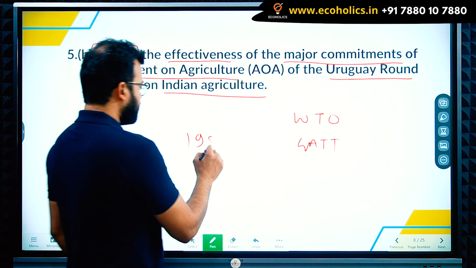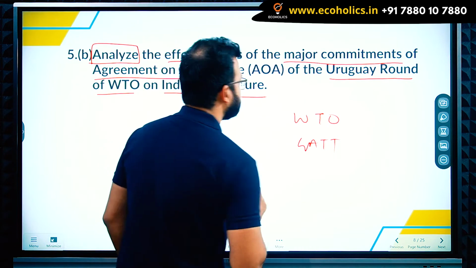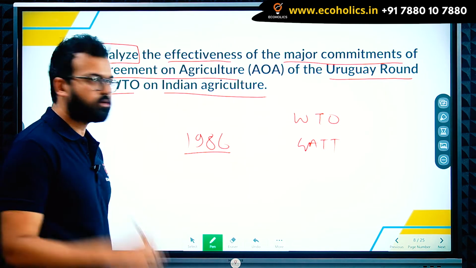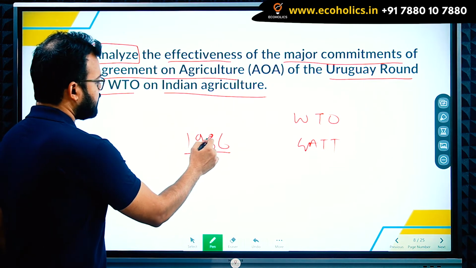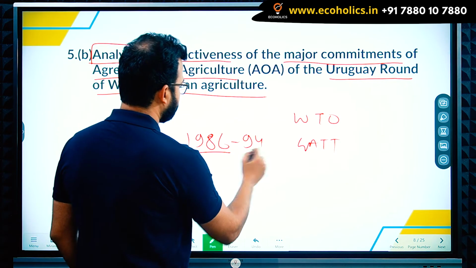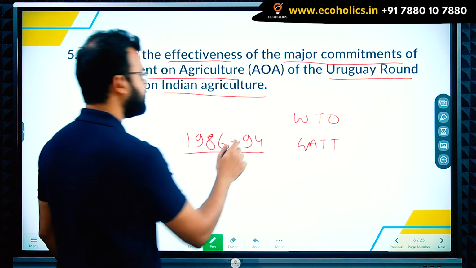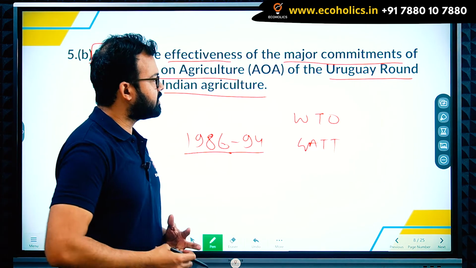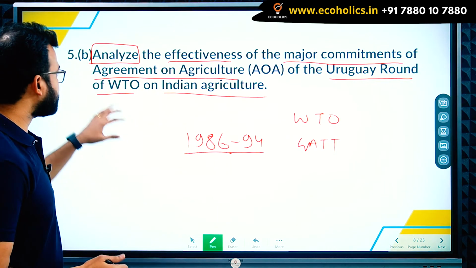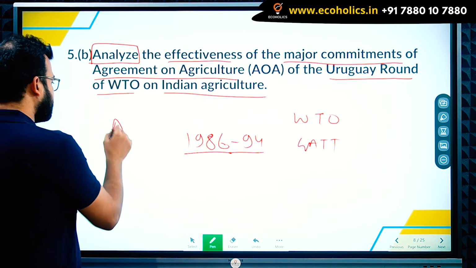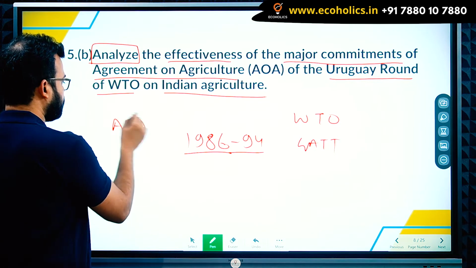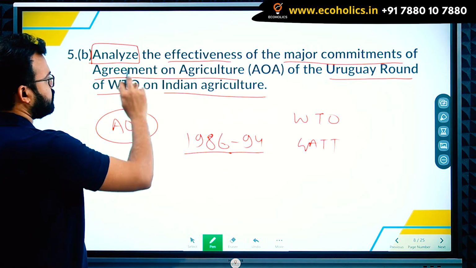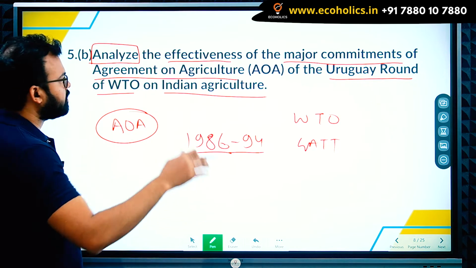In the year 1986, there was a round, the Uruguay Round, held in Punta del Este. That round lasted for eight years. In that Uruguay Round, there was an agreement on agriculture, the AoA, as we call it. So this is a little bit of background.